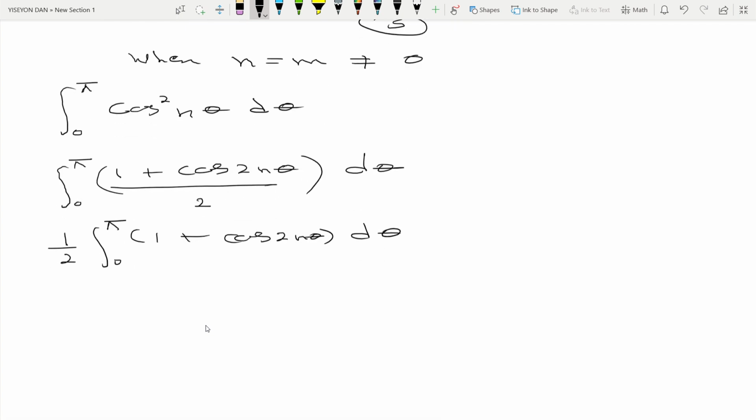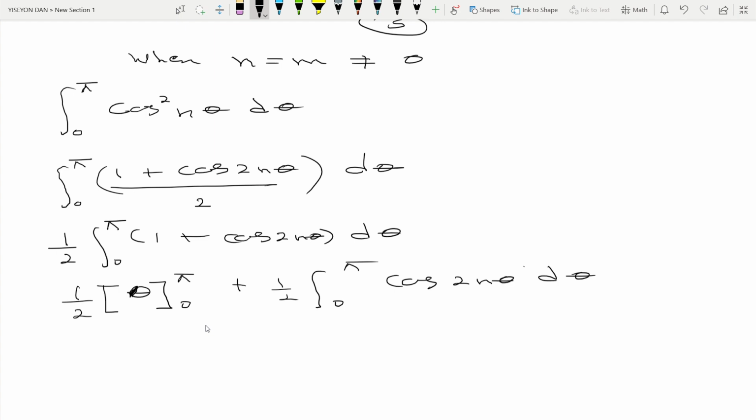Once we have that, if we integrate 1, the answer for the integral of 1 is what? Theta. The integral of 1 with respect to theta is theta. So we have 1 over 2, open bracket, theta from 0 to pi, plus 1 over 2 integral from 0 to pi of cos 2n theta d theta.